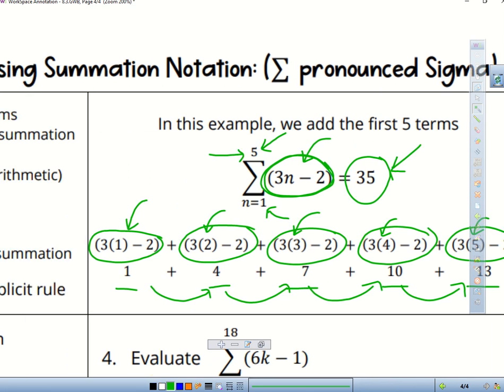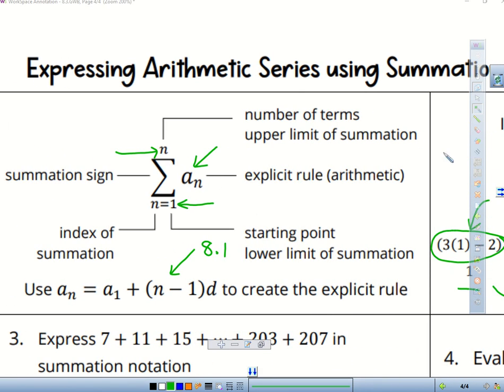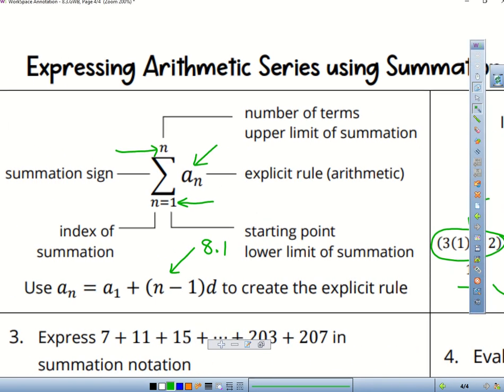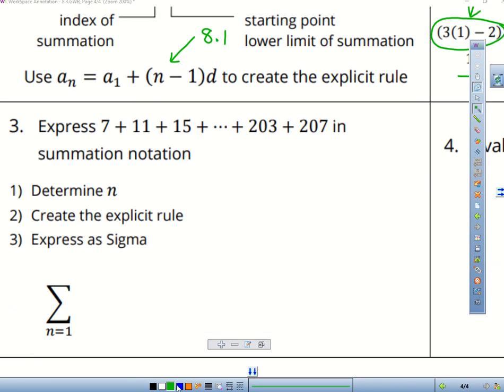Okay? First thing we're going to do here is I'm given a series. You see that arithmetic series. First thing you want to identify for that series is what the first term is, which is? Good. Next thing you want to determine is the common difference.